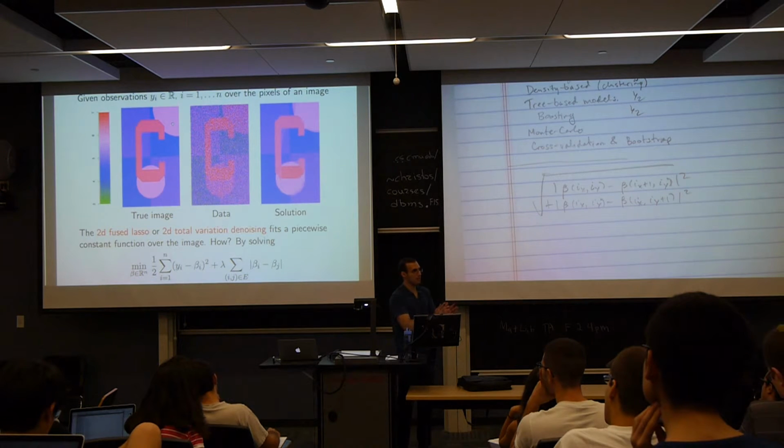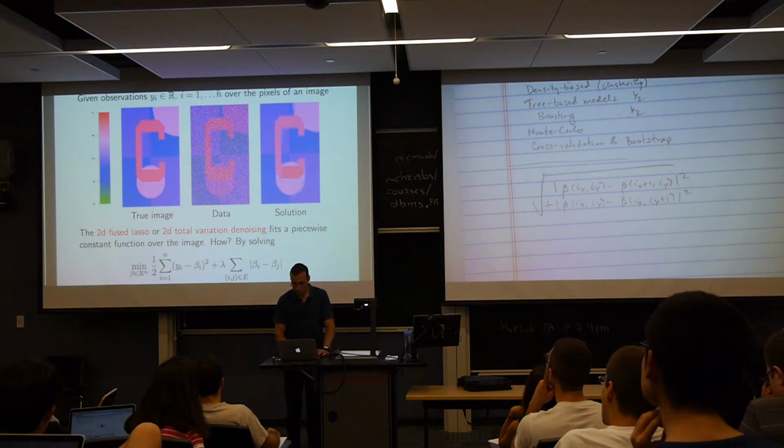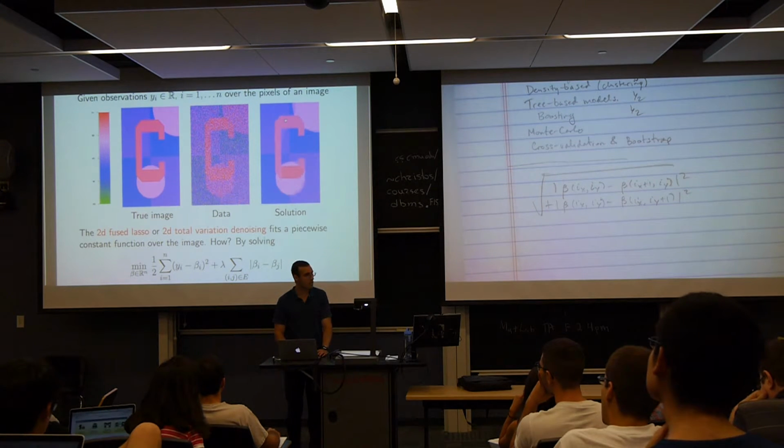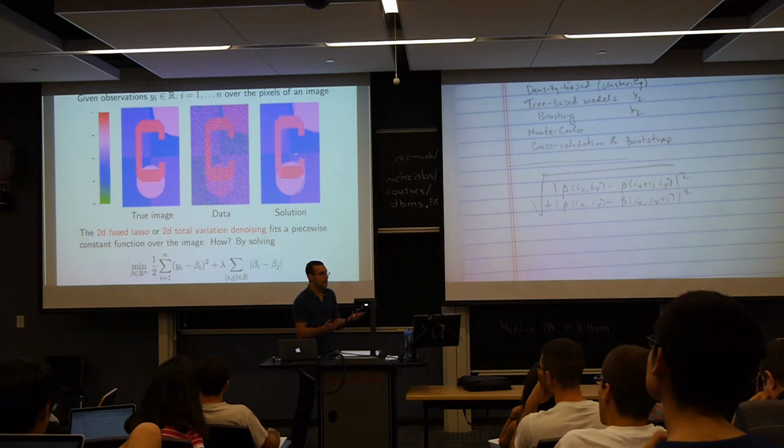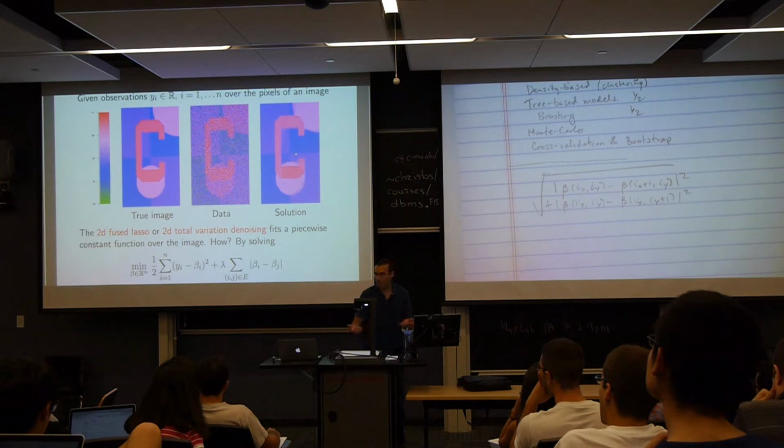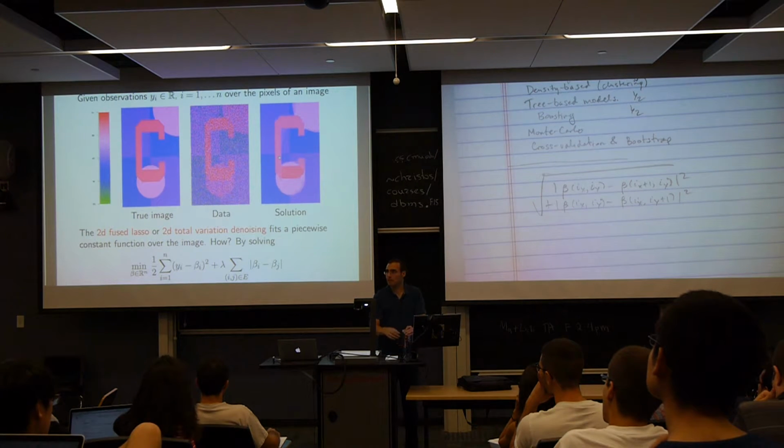That's because everything is being penalized. So even though we know these differences should be non-zero, the difference between this level and this level is going to be smaller in the solution than it is at the truth. So that could definitely explain why we have a bit of leakage in color. In terms of it being asymmetric, I'm not really sure that there's much of an explanation for that in terms of the penalty.